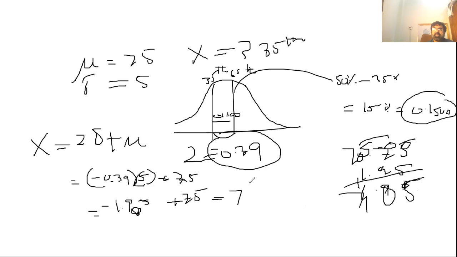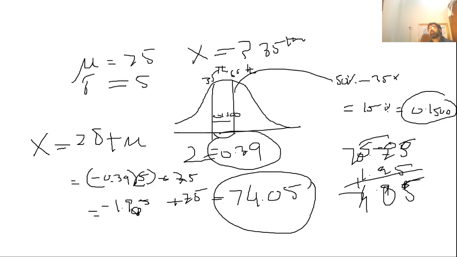So a person whose position is the 35th percentile, his individual marks will be about 73.05, where the mean is 75. So this person falls below the mean.